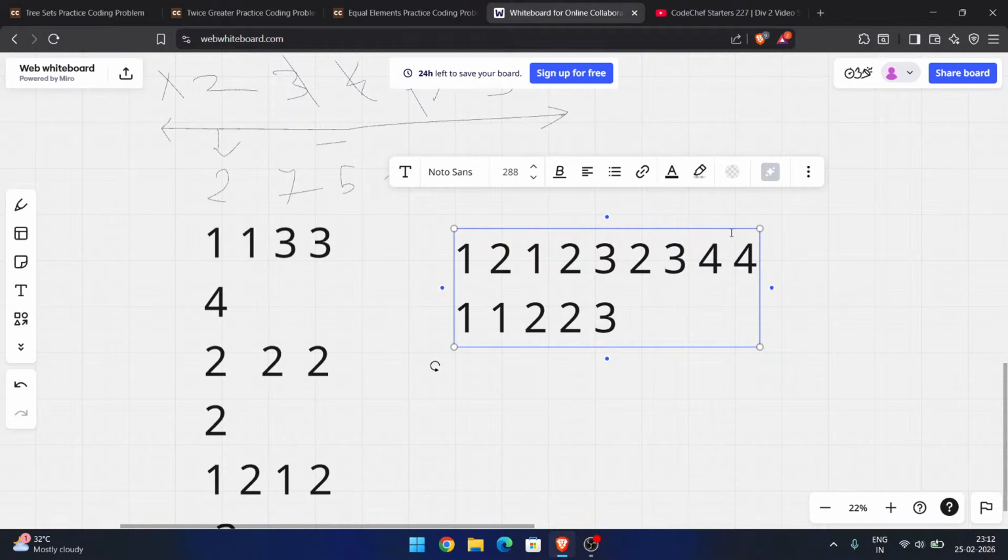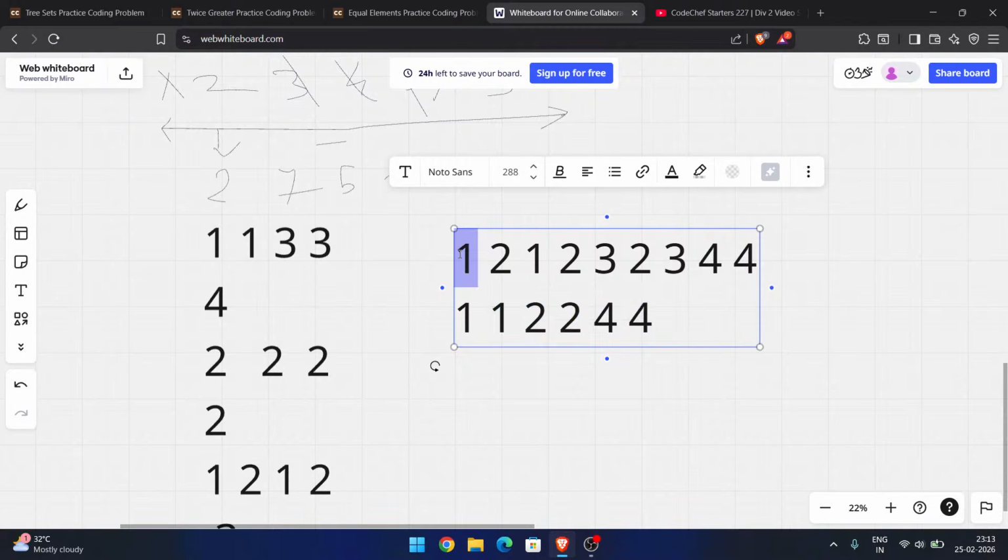If I take 3, then there is no next 3, so we can't take 3. Now let's move ahead. If I take 4, then the next element I can take is 4 only. So there is a 4, and we can take it. So this would be my maximum if I have chosen from 1. Here the answer is 6.